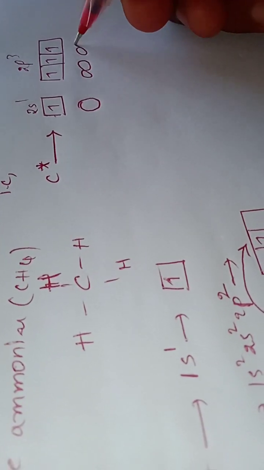These are the p orbitals, and this is the s orbital.